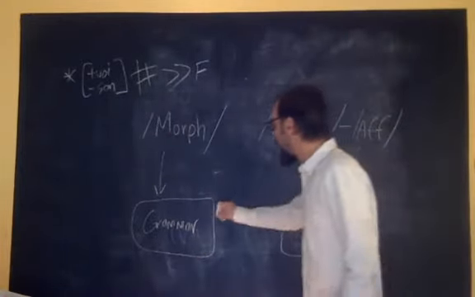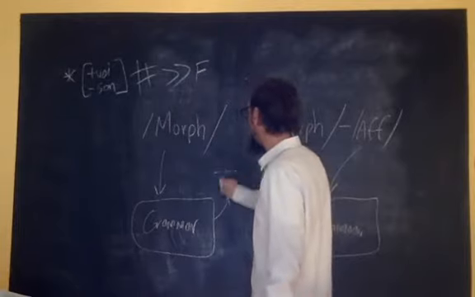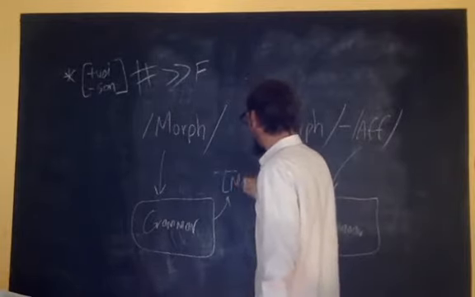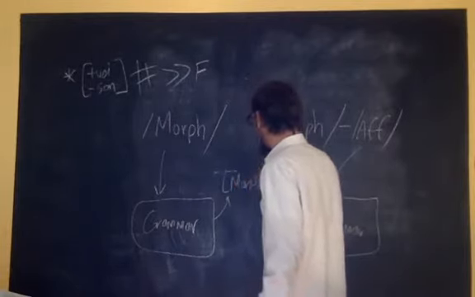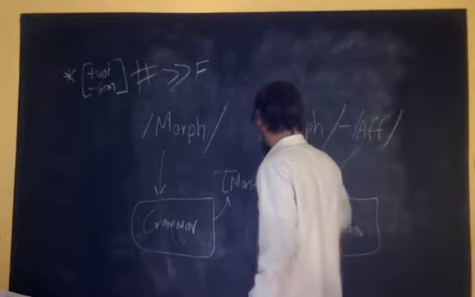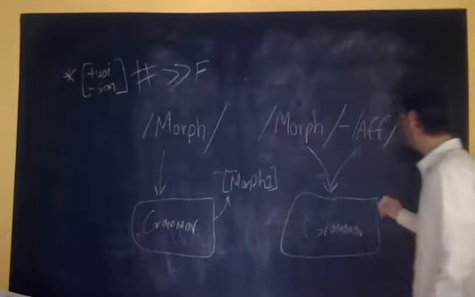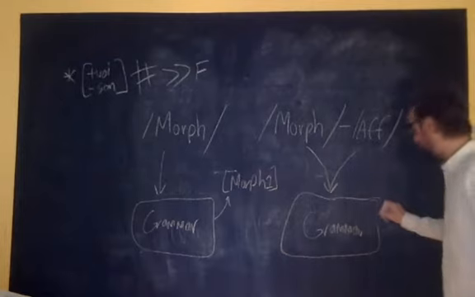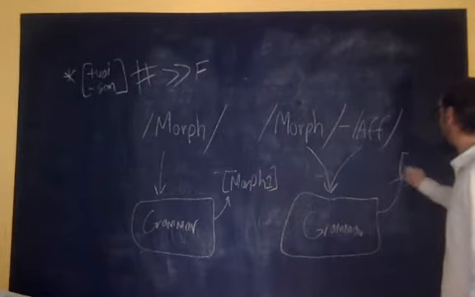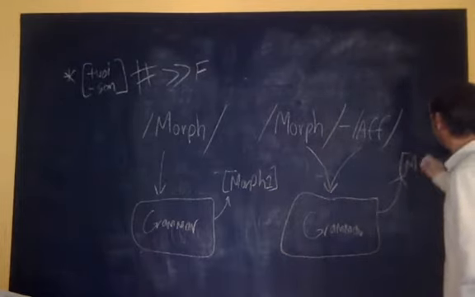Right? So maybe here we're going to have an output form with one set of properties. I'll call this morph1. And here maybe we're going to get a form with a different set of properties. I'll call it morph2.